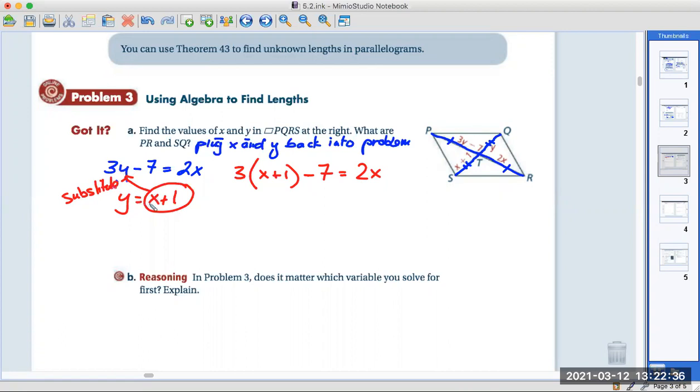So in place of y, I'm putting the answer what y is. So 3x plus 3 minus 7. Combine like terms. 3 minus 7 is -4. And subtract 3x from both sides.